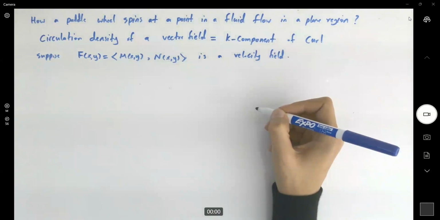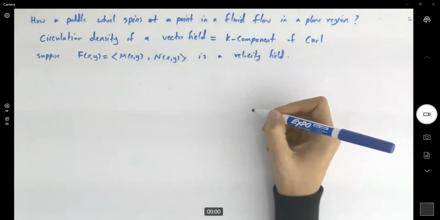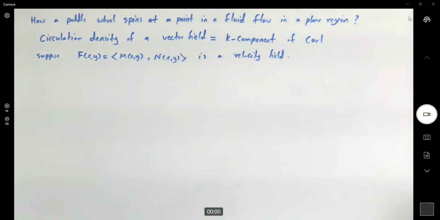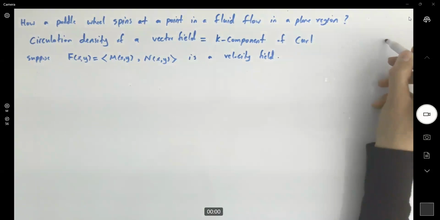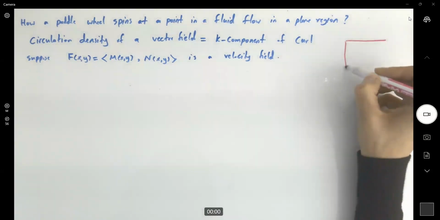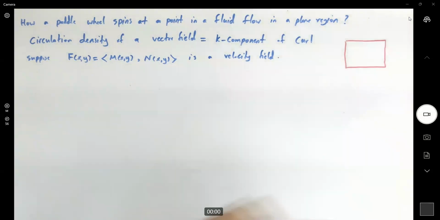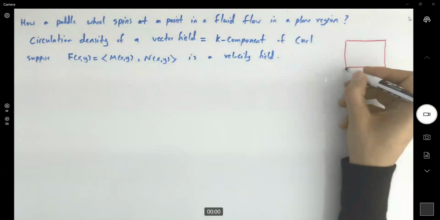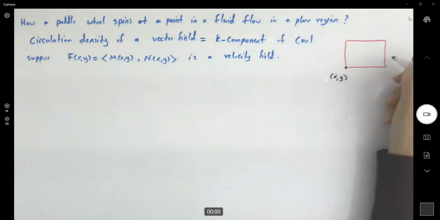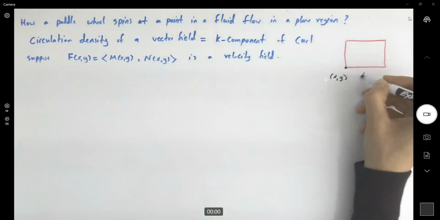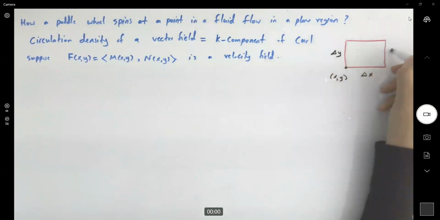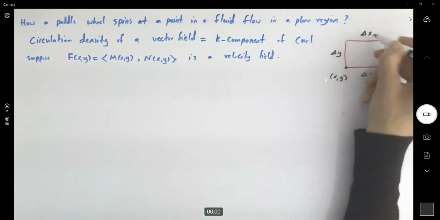We're going to go back to our rectangle as we did before. Consider your rectangle with a point x and y in one corner. As usual, since these two sides are parallel to the x-axis and y-axis, you're going to have delta x and delta y as the sides.